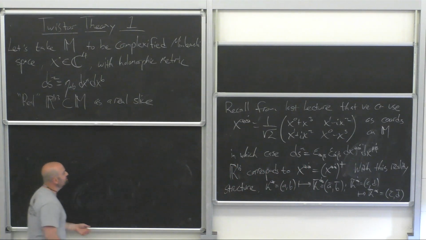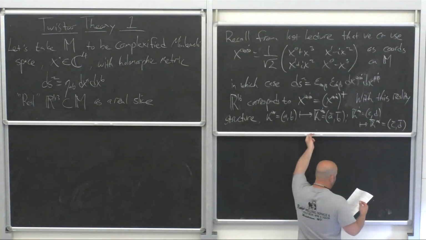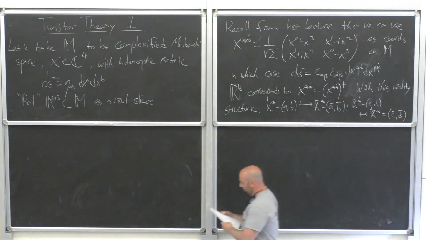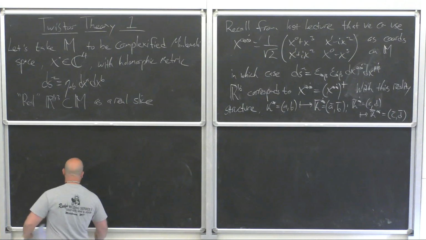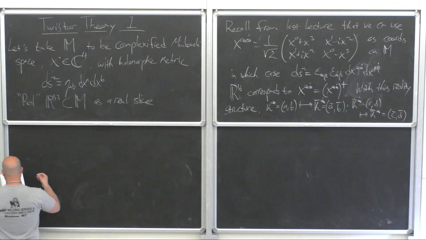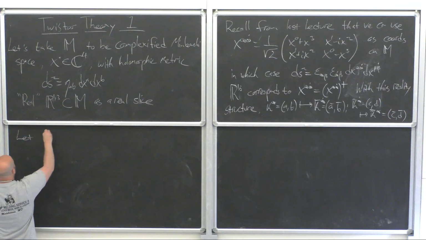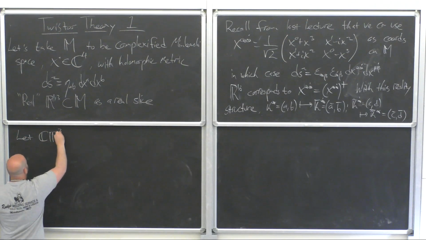Okay, so this is all just somehow setting the stage. Now we talked a lot in the last lecture about CP1 as the Riemann sphere and how we could describe this in terms of homogeneous coordinates. So now we can think of a higher dimensional complex projective space, the three-dimensional complex projective space.